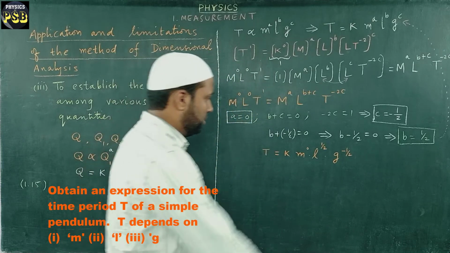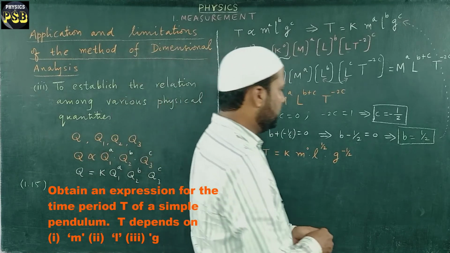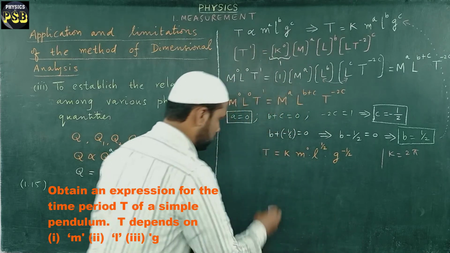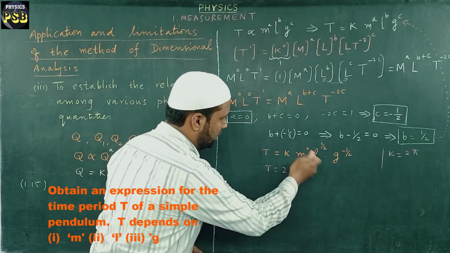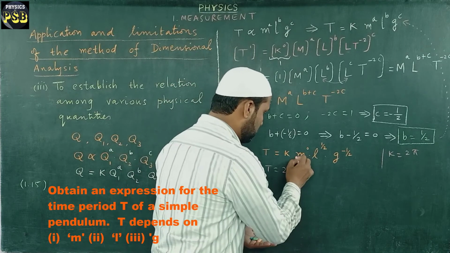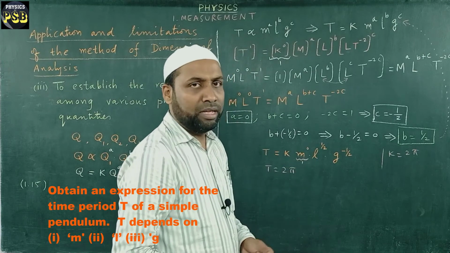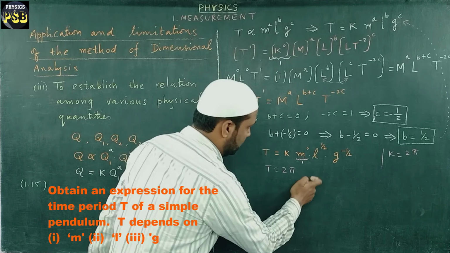Now the next step, I'm going to substitute the value of K. I told you earlier K is nothing but 2 pi. So K is equal to 2 pi. M power 0 is nothing but 1, since anything raised to 0 is 1. So that's what we get.